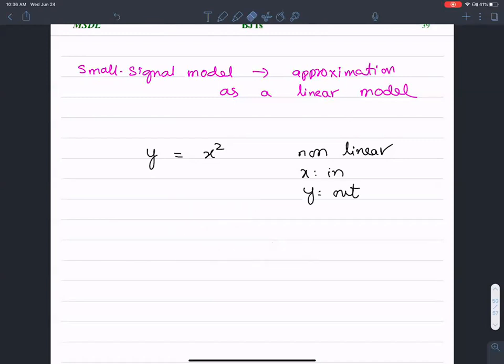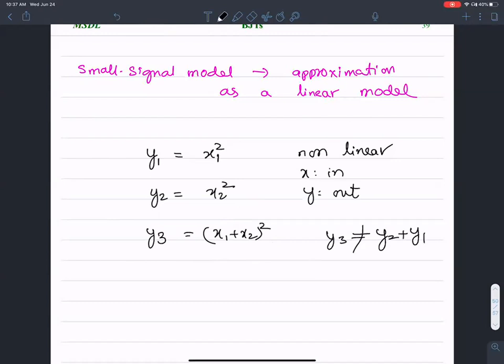So here is the idea. Let's say y1 is x1 squared, y2 is x2 squared. If the input is a linear combination of x1 and x2, then y3 is not the same as the sum of the individual responses, y1 and y2. So that's the idea of linear and non-linear behavior.